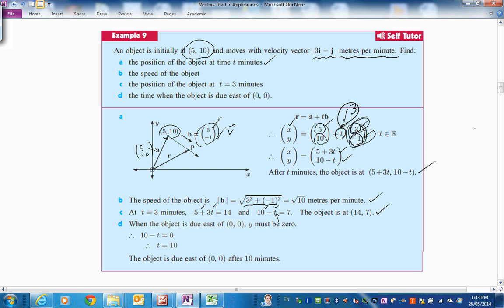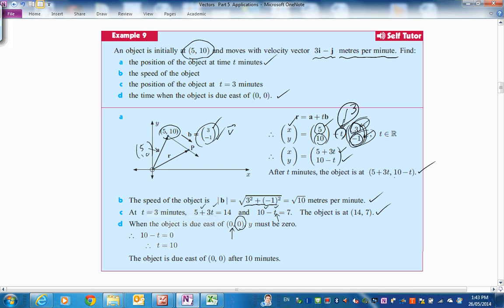So the time when the object is due east of 0, 0. What is due east? Well, that means in the y direction, you haven't travelled north or south. So you want here, the due east of that will be some x coordinate, but y must be 0.